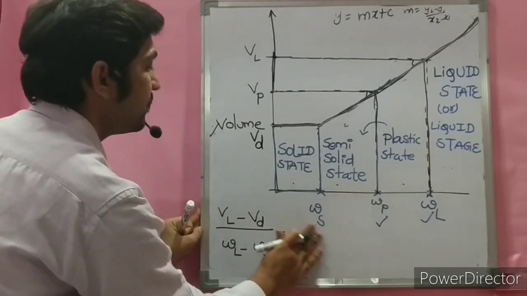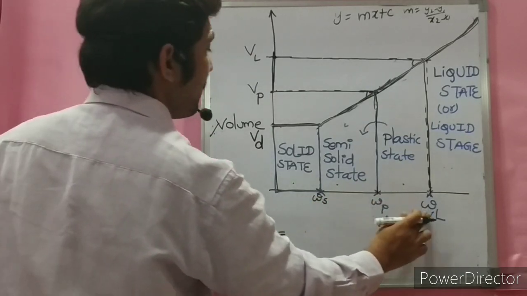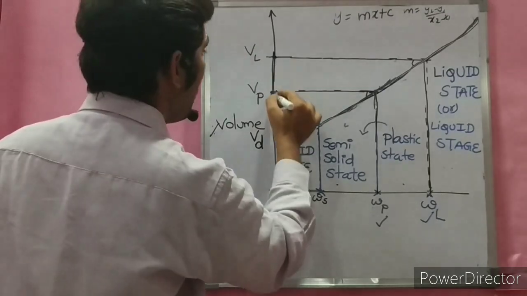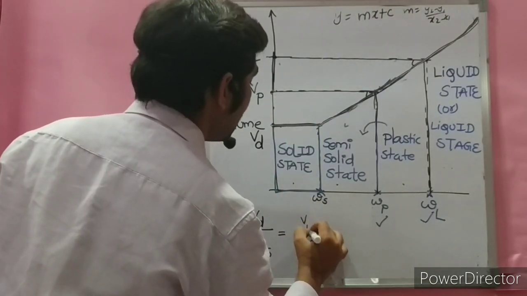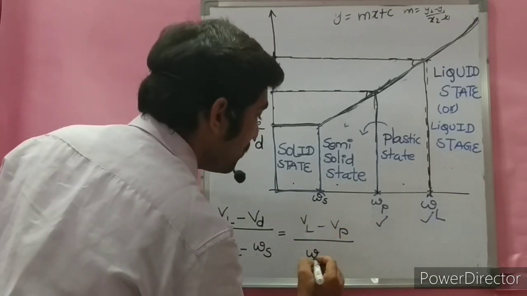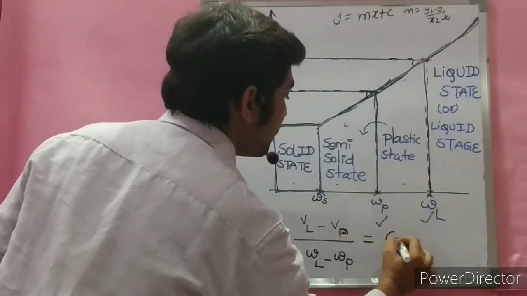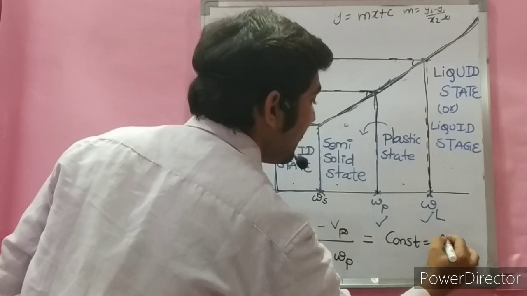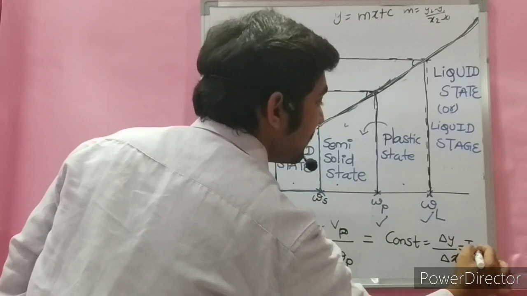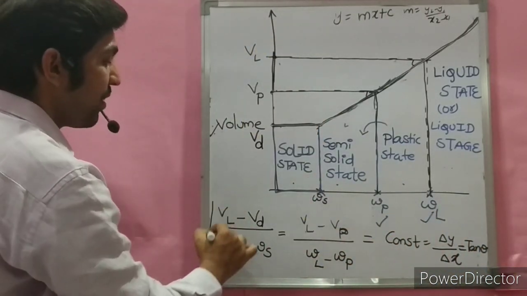This is the shrinkage limit water content, liquid limit, plastic limit, shrinkage limit. Next, VL minus VP, y2 minus y1 divided by x2 minus x1, WL minus WP. This is constant and equal to delta y by delta x, which is nothing but tan theta, the gradient or slope of the curve.